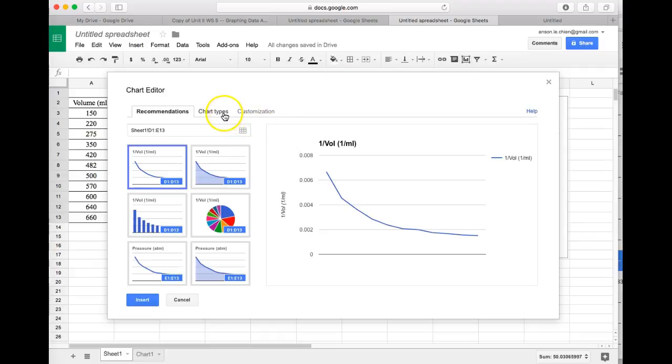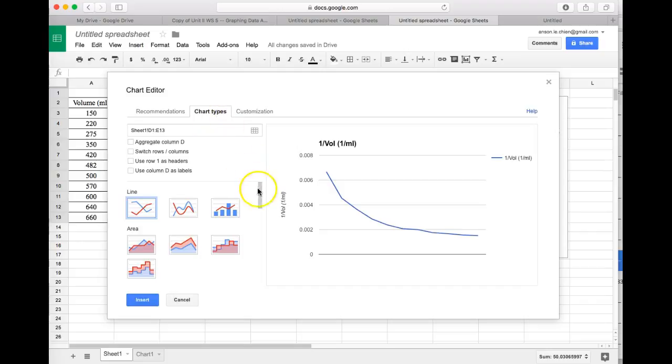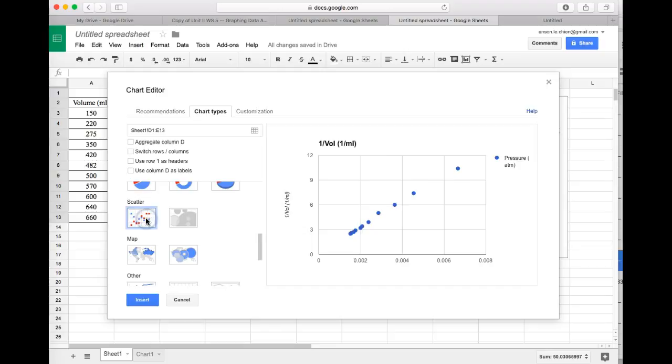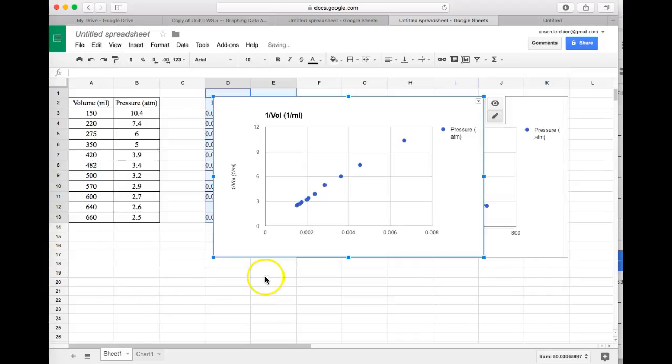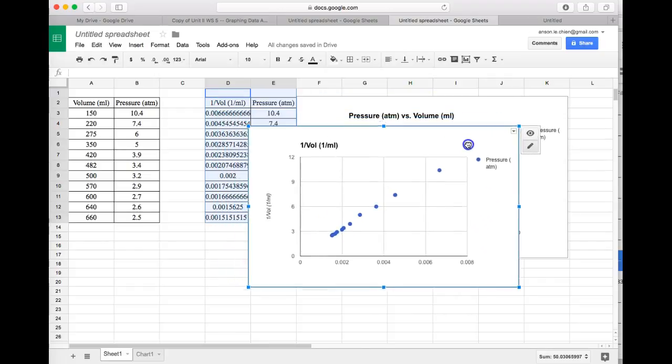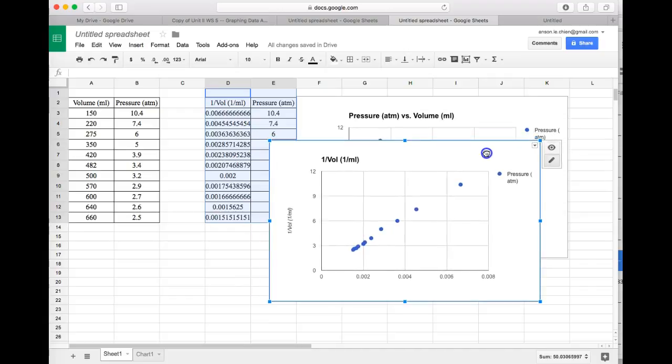And I'm going to select a scatter chart, scrolling down, finding scatter. And I'm going to insert. And you could already see that it's looking pretty linear.